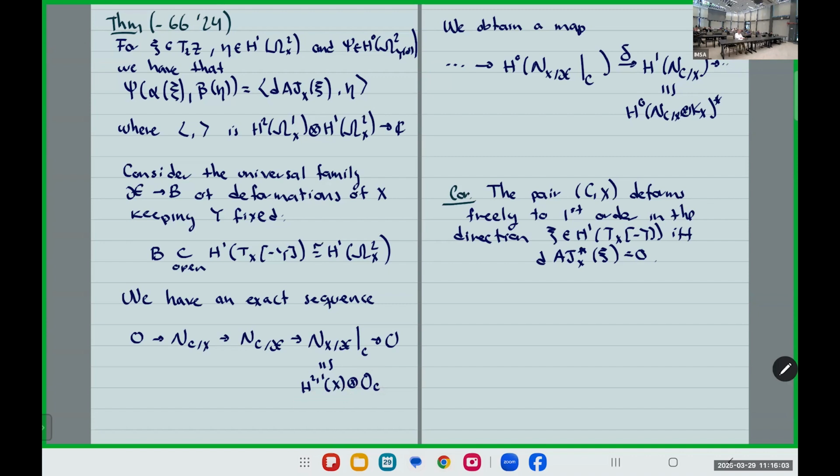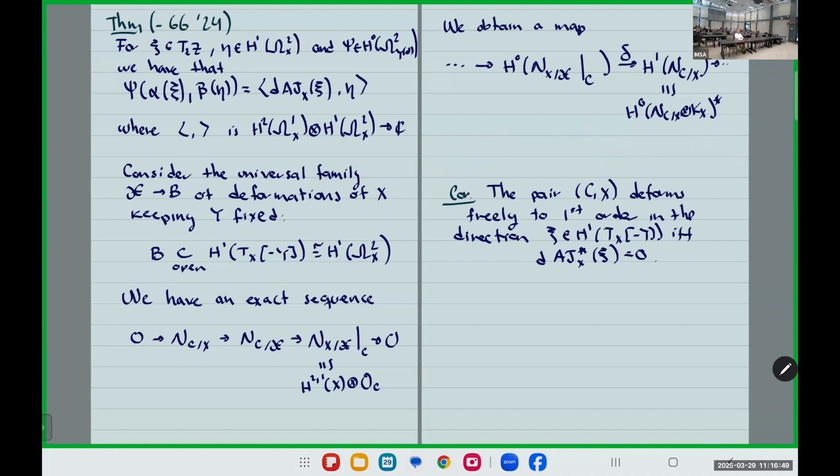So if you take the long exact sequence associated to this, you will obtain a map as follows. This is going to be from H0 here, and we obtain delta, mapping to H1 of the normal bundle. And this time, we won't have the whole H0 as we had before. So we have now a subgroup, mapping to H0 actually in an injective way.